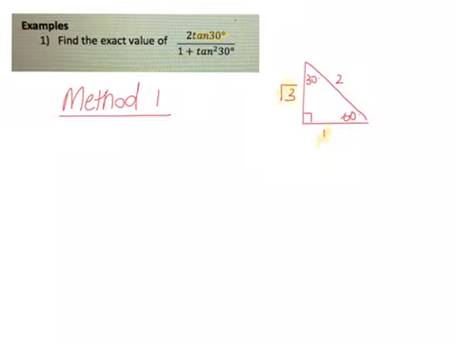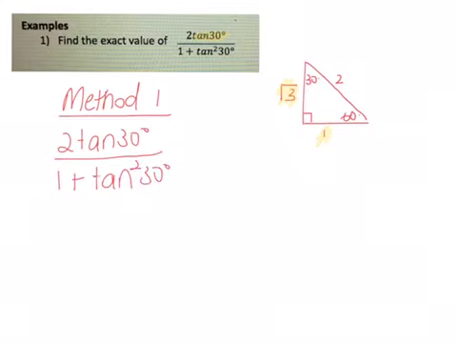And now substituting this value into the expression given, we get that 2 tan 30 degrees over 1 plus tan 30 degrees all squared is going to give us an exact value of 2 times 1 on root 3 all over 1 plus 1 on root 3 all squared.